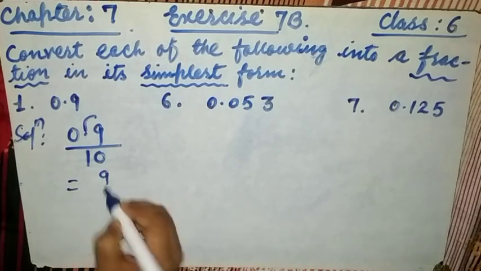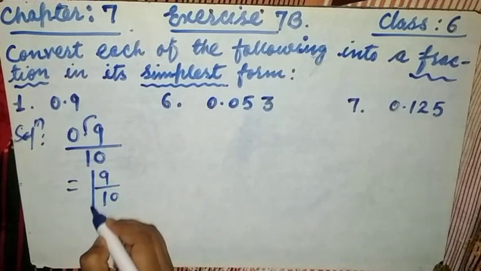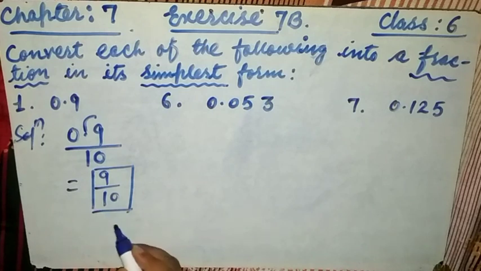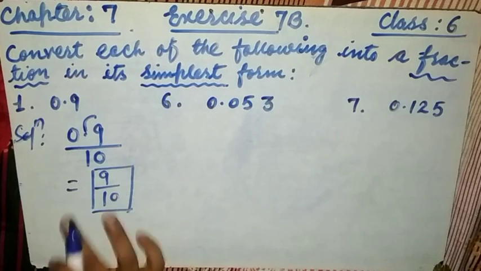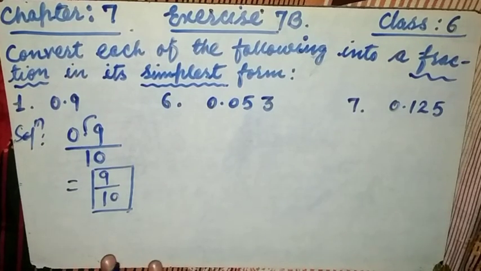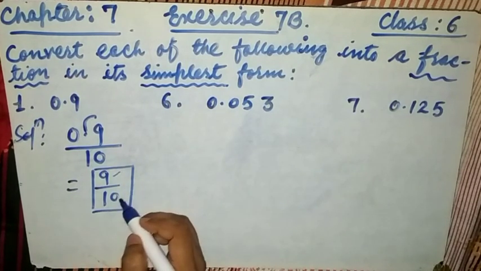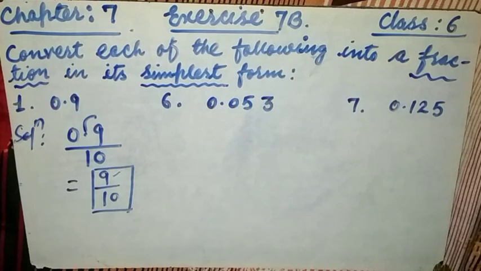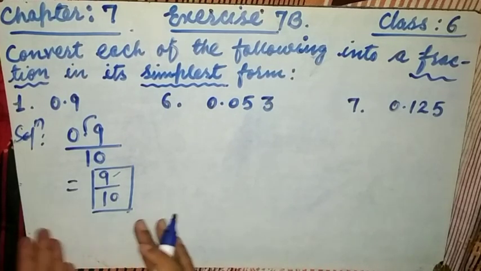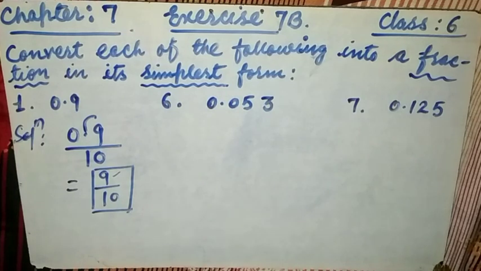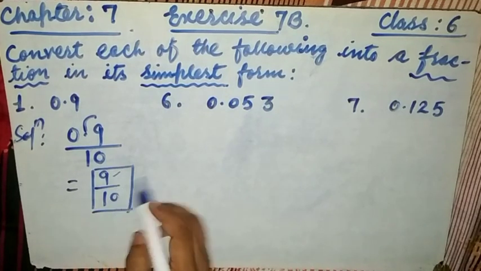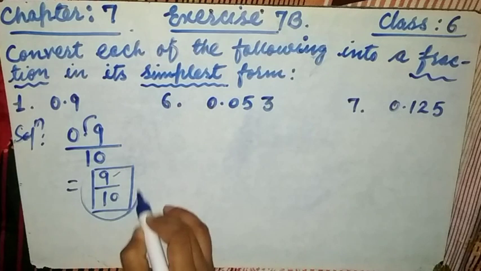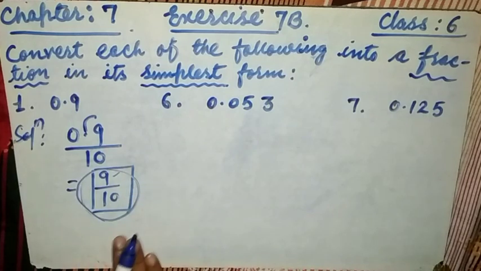That means this is 9 by 10. 9 by 10 is a fraction, but is it the simplest form? Let us check the HCF of numerator and denominator. If the HCF is 1, then this is the simplest form. Otherwise we have to divide the numerator and denominator by the HCF, then we will find the simplest form. See friends, the HCF of 9 and 10 is 1, so this is obviously the simplest form. So this is your answer.